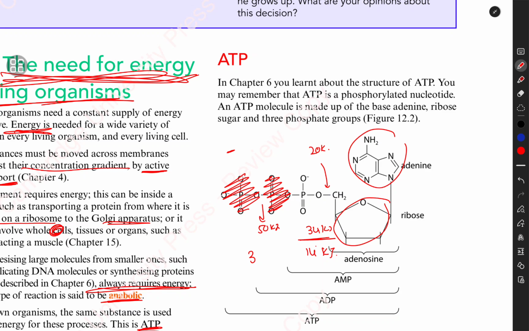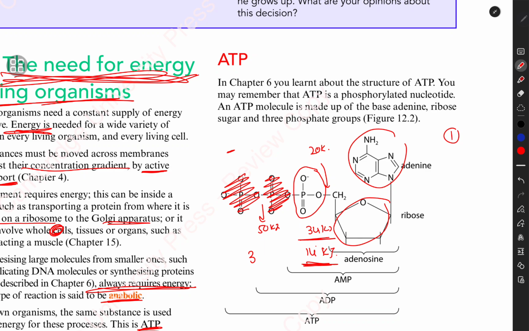The main idea is that this last one doesn't want to leave this molecule because there is no repulsion. It's happy here. Why are you removing it? But if you still want to remove it, we just get 14 kilojoules. That's the first part.